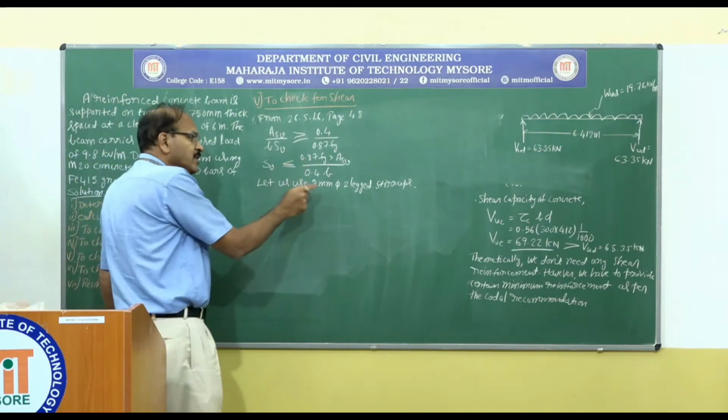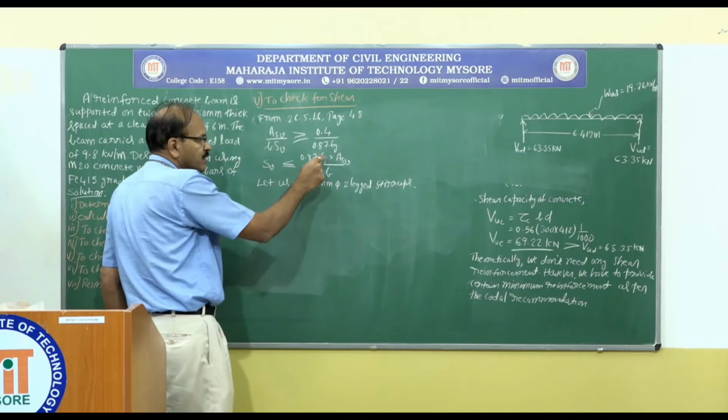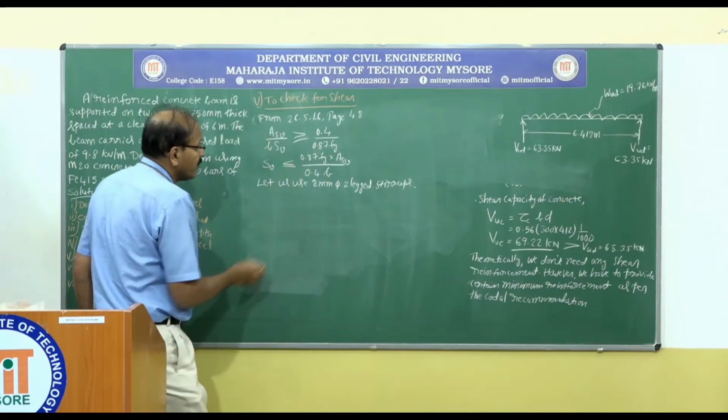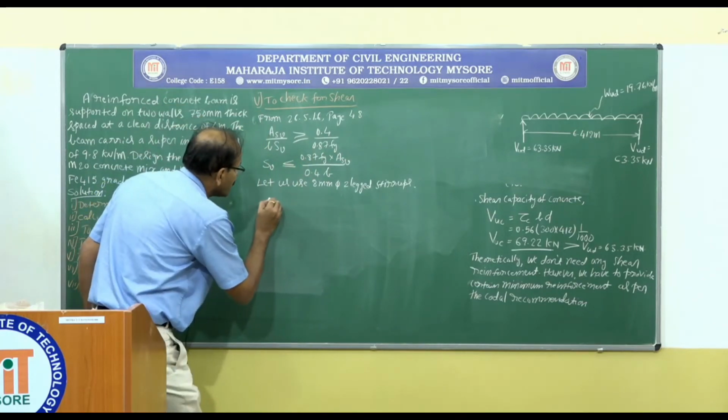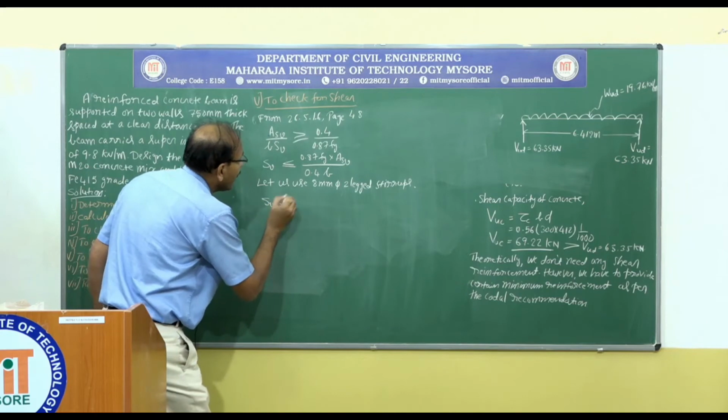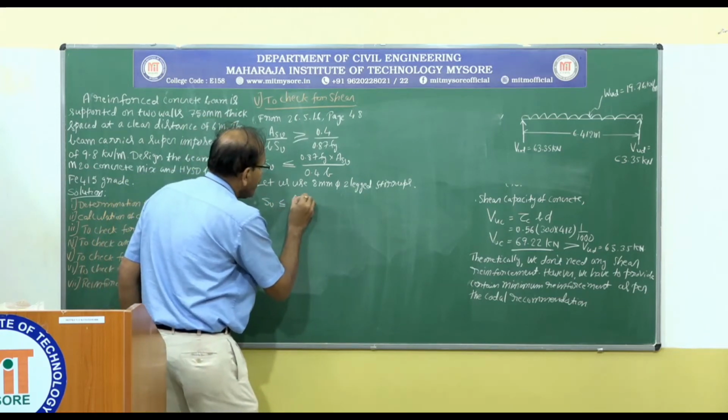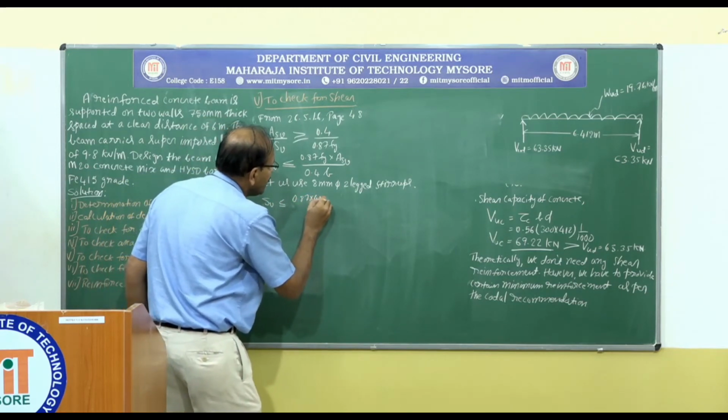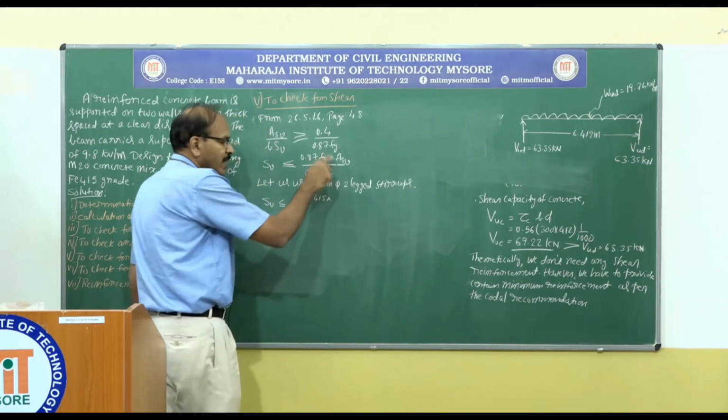By substituting the area of cross section of the stirrups in this equation, we get SV should be less than or equal to 0.87 into 415 into ASV.